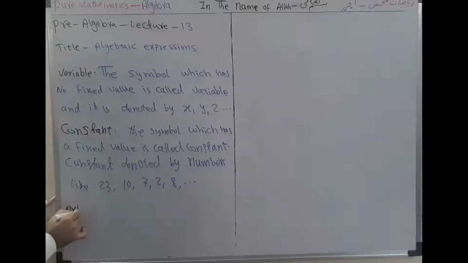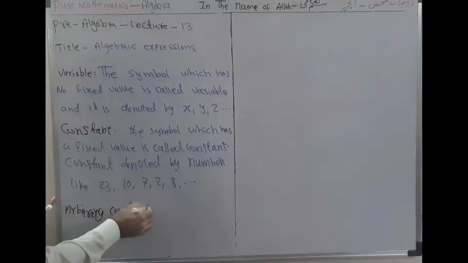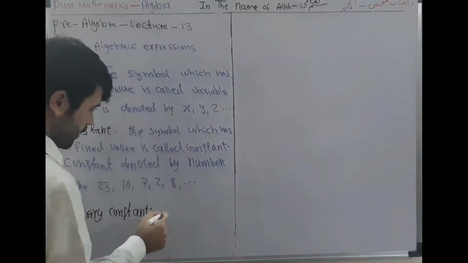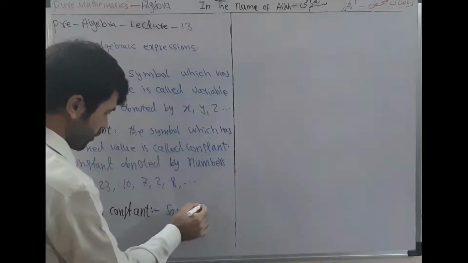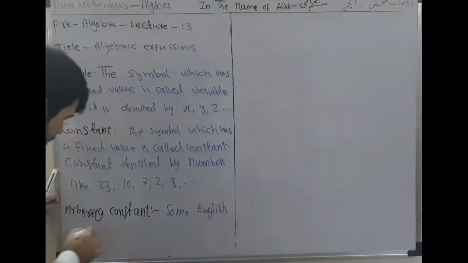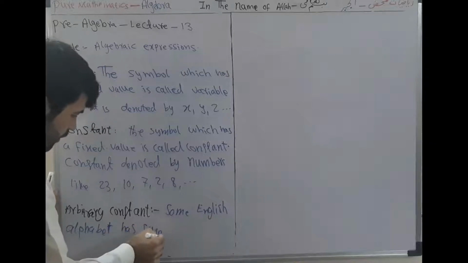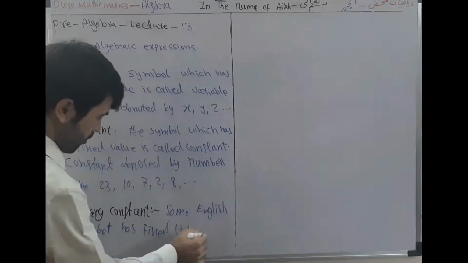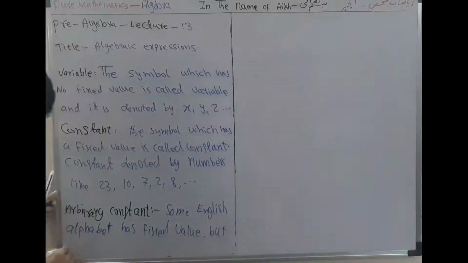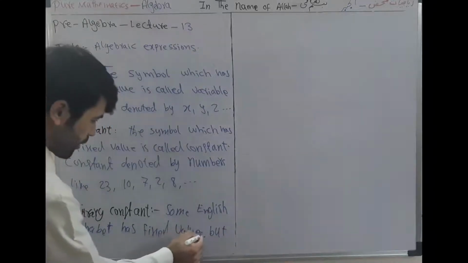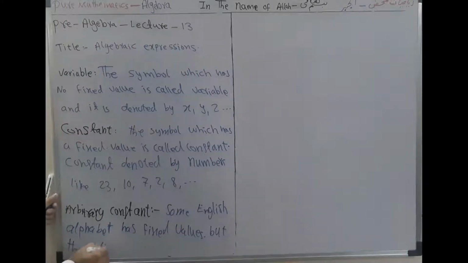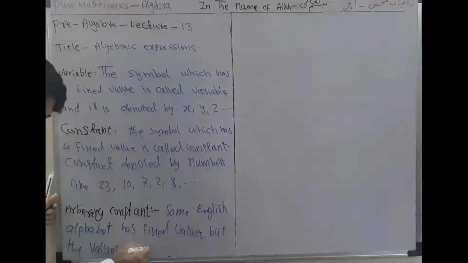Arbitrary constant. Some English alphabet letters have fixed values, but the values are unknown.